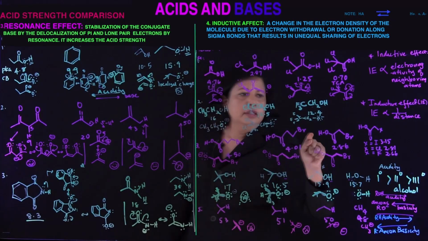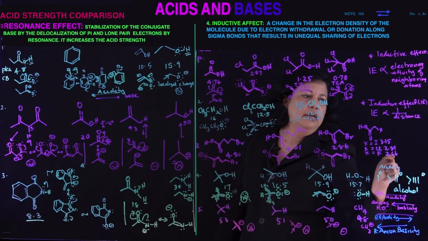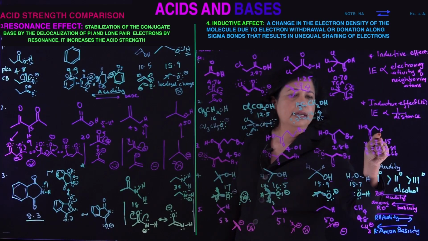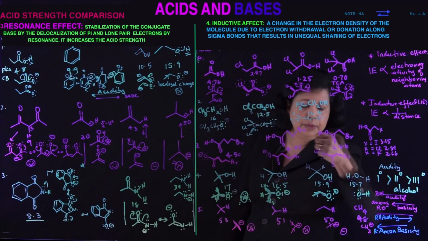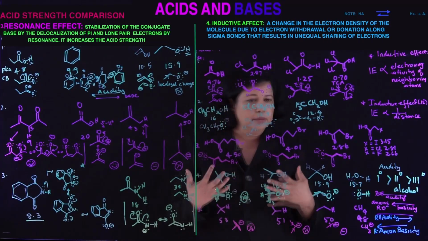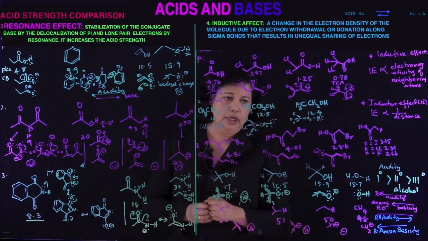The more electron withdrawing those groups are, the more acidic. For example, when you have fluorine, it's a lot more acidic than when you have chlorine or bromine or iodine. So therefore, having more electronegative groups pulling that charge over is a lot more stabilizing than having less electronegative groups pulling the charge over.